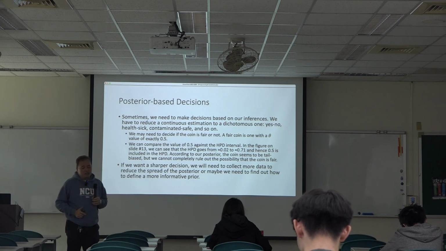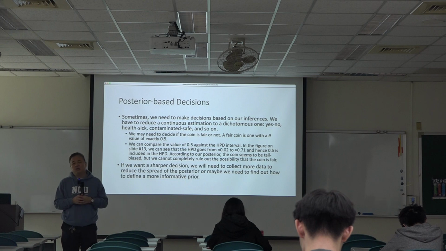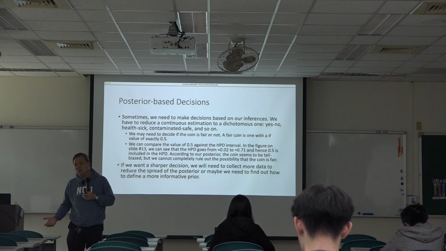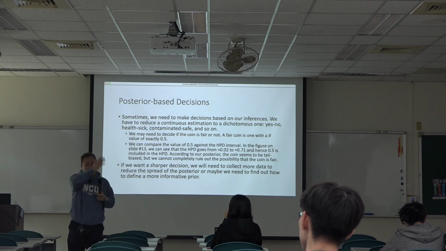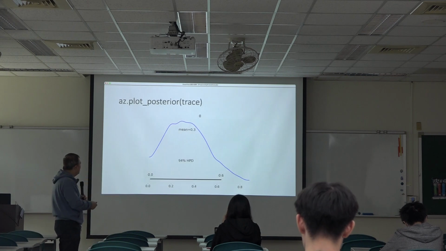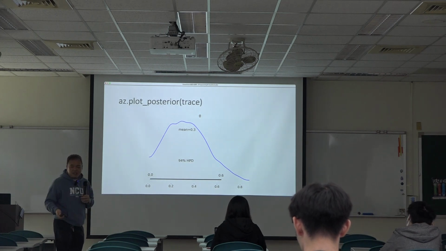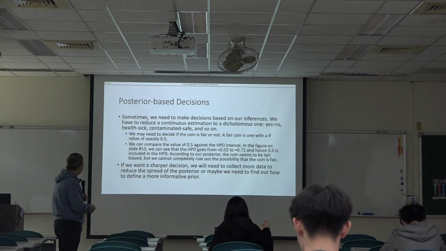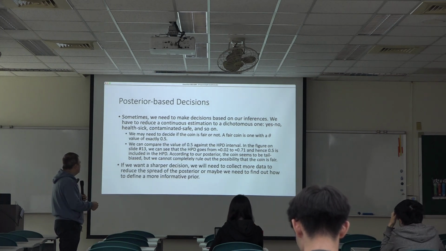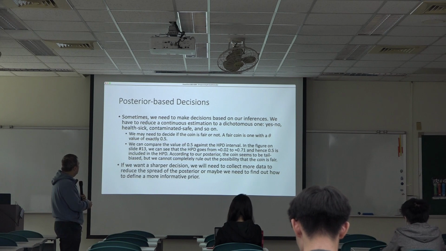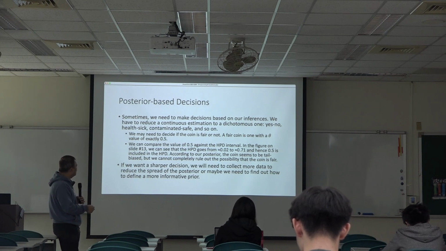Dichotomous means a yes/no question, that's the question we need to answer. But the result we have in this slide is continuous. For example, healthy or sick, contaminated or safe, something like those.